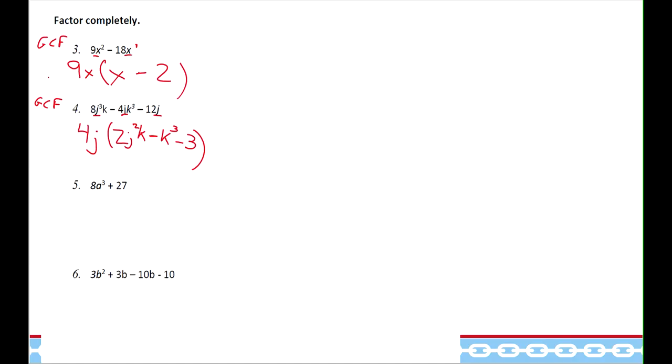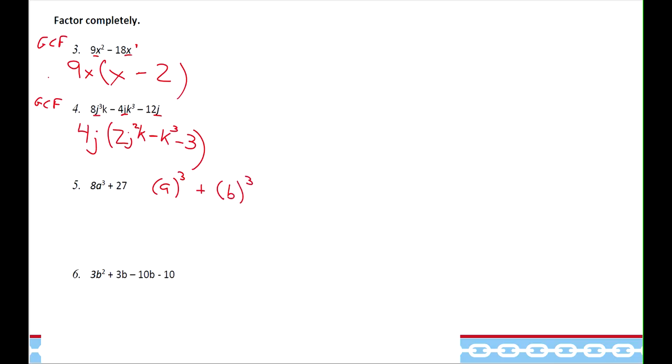Number 5 is a factor or a sum of cubes problem. So that is where we have the relationship of some number to the third power plus some other number that we'll call b to the third power.